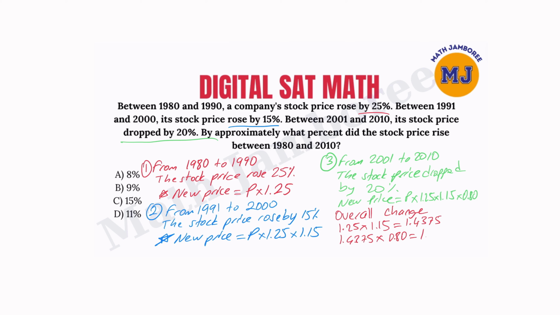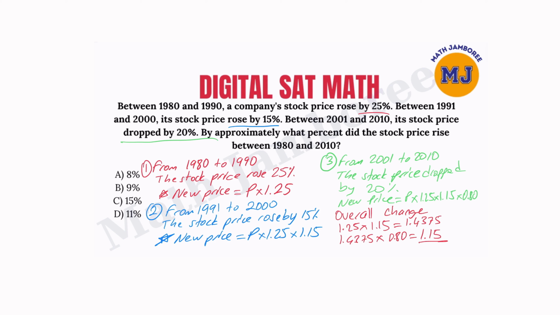That is equal to, if you use your calculator, 1.15. So the overall factor is 1.15.